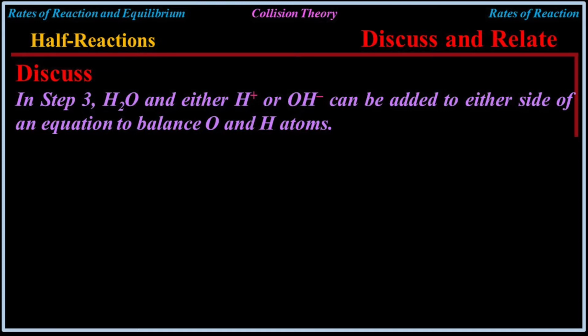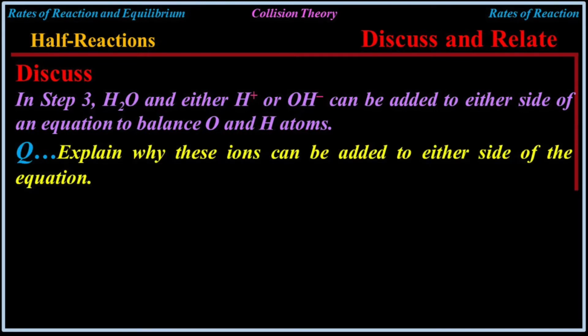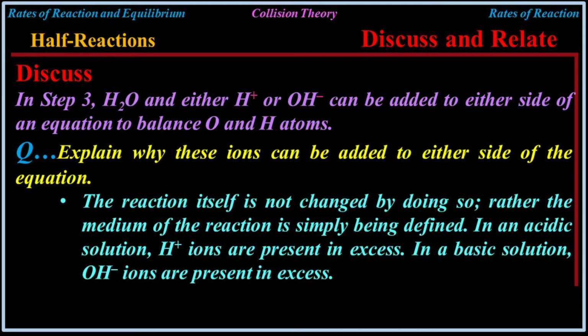In step 3, water and either hydrogen or hydroxide can be added to either side of an equation to balance O and H atoms. Explain why these ions, the H plus and the OH negative, the proton and the hydroxide, can be added to either side of the equation.